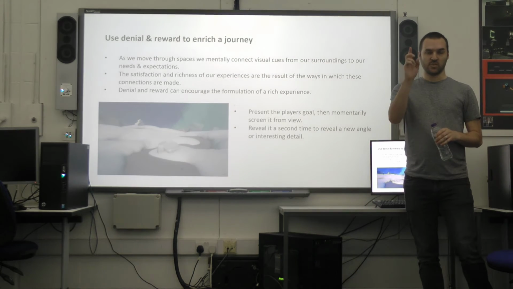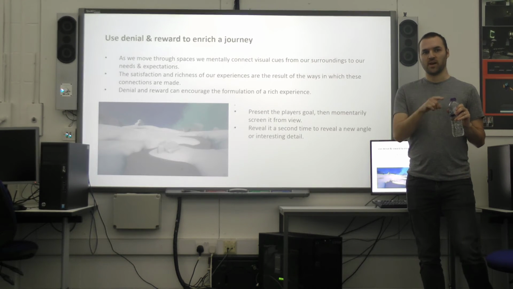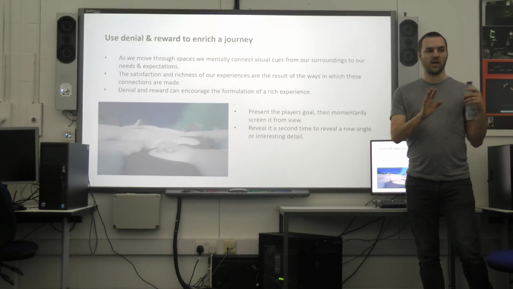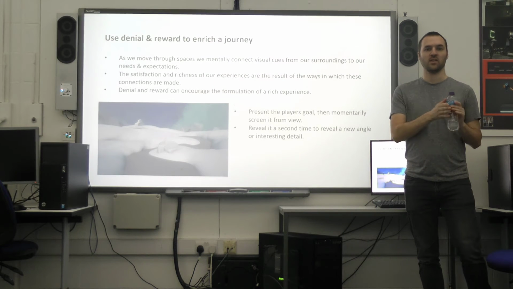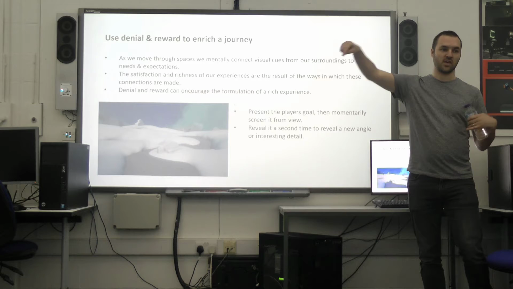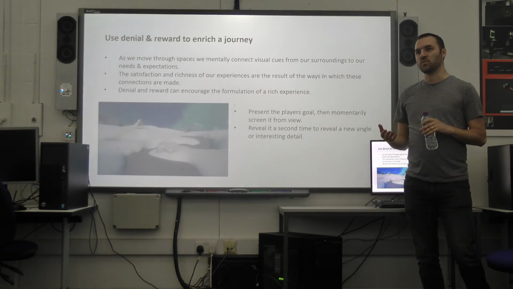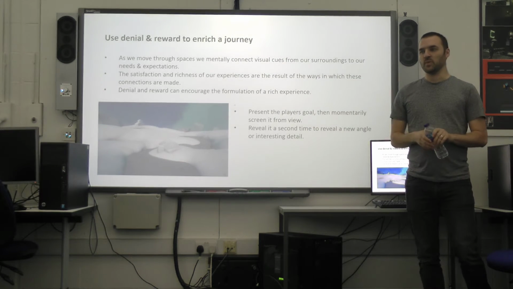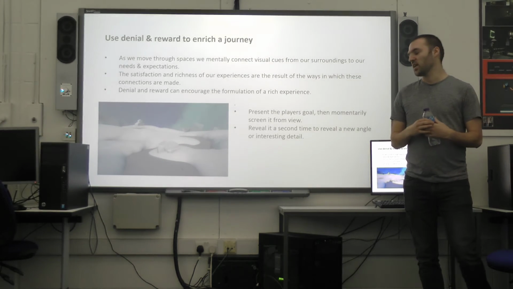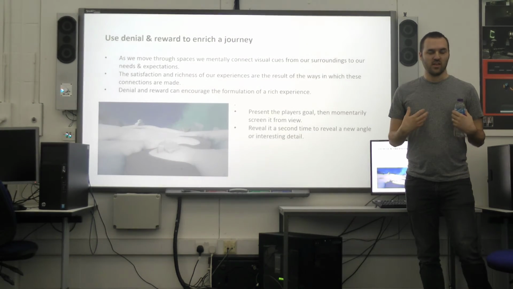But if you can see your objective and you're not sure how to get there, or maybe you can vaguely make out a path that you think will work, but it's obscured by a small thicket of trees or something, or it goes inside a building and then you think it comes out the other side, but you're not sure. If there's some element of mystery there, some element of problem solving that the player hasn't quite finished yet, then they will probably be more engaged. And I think that depends on the kind of player that you've got, but we can only design for what we think is good or enjoyable to ourselves, so that's how I go.